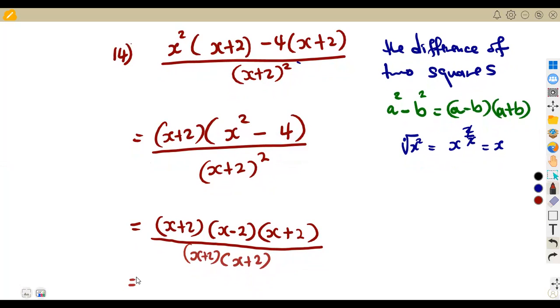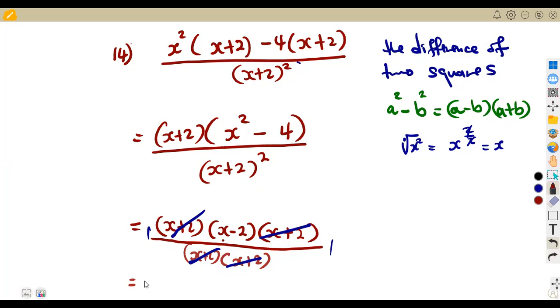So at this stage, we are back to the condition that I explained before, that you can divide or cancel out as long as you've got common terms between the numerator and the denominator. We've got x plus 2 here and x plus 2. So this will cancel, we get a 1. We've got x plus 2 here and x plus 2, this cancels, we get a 1. So we're going to be left with 1 times 1, which is 1.